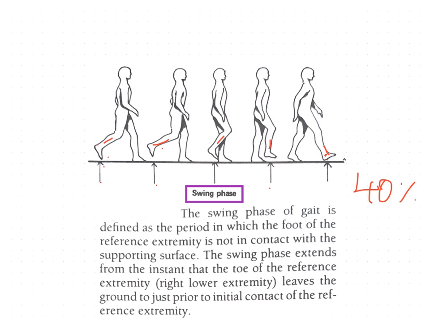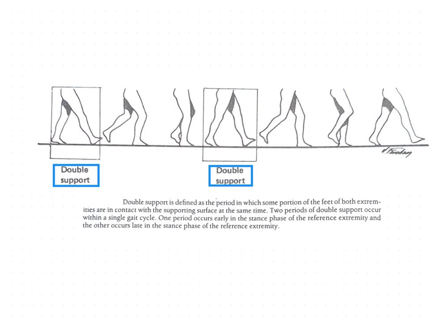Now here we can see a period of double support. During this gait cycle, we can find some period that includes double limb support. Normally we take the reference extremity; that limb is in contact in one phase and not in contact in another phase. But during the gait cycle, there is a period when both limbs are in contact.